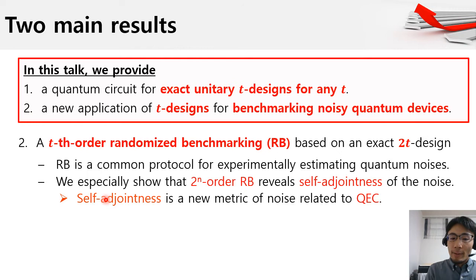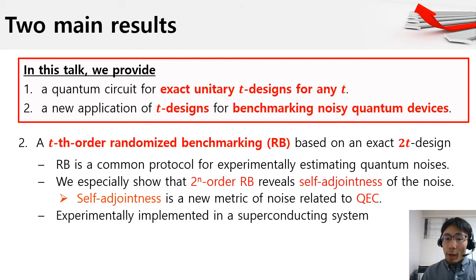Here, the self-adjointness is a new metric of the noise that we have proposed in this study. We can argue that this self-adjointness is related to quantum error correction. So it is nice if we get some information about the self-adjointness of the noise, because we can get some insight into the feasibility of quantum error correction.